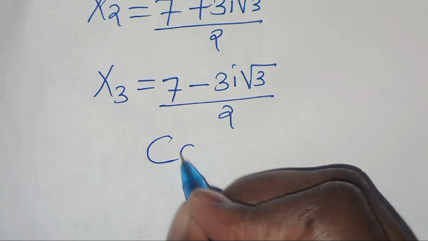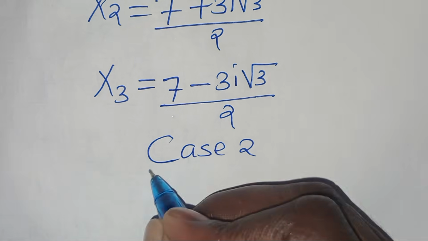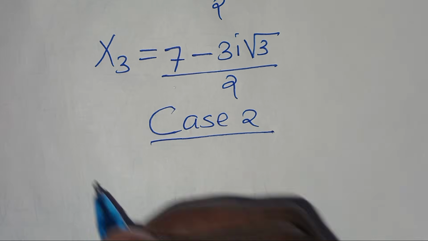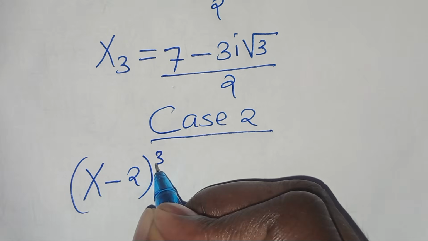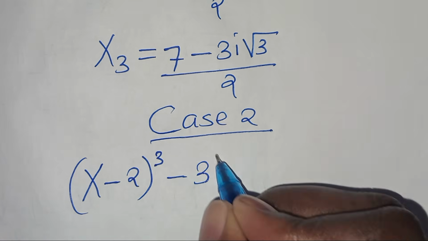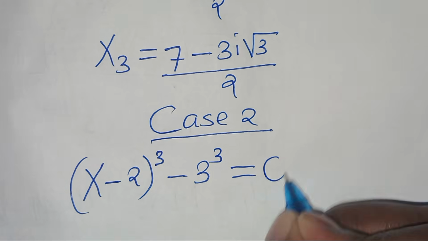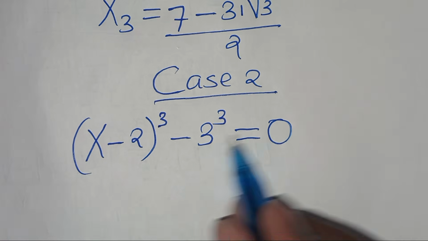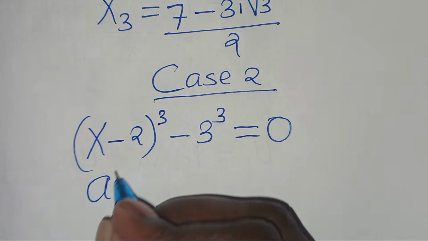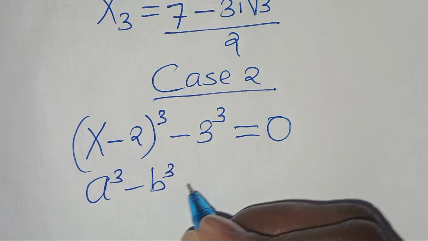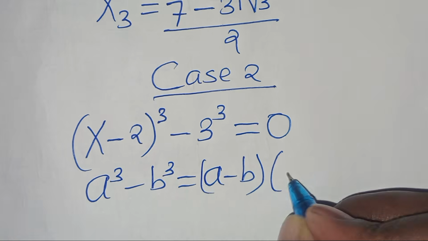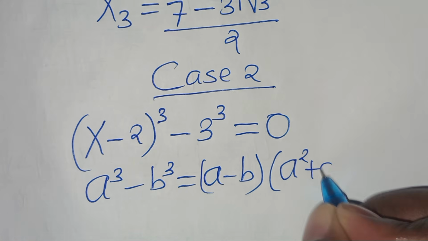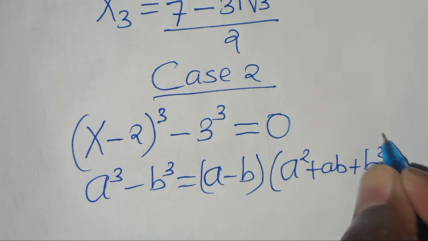Let's proceed to case 2. In case 2, we have x subtract 2 raised to the power of 3, then minus 3 to the power of 3. This is equal to 0. This is the difference of two cubes expressed as a to the power of 3 minus b to the power of 3, which we can express as a minus b into the parentheses, this is a to the power of 2 plus ab plus b to the power of 2.